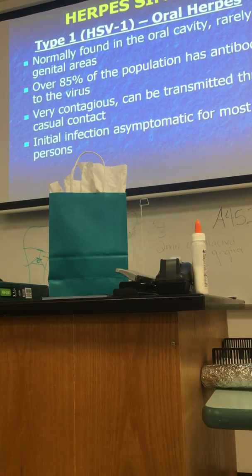A lot of us could have it and never have had an outbreak. This is all HSV1. So just knowing that, you can have a patient that may have the virus but may be asymptomatic, so you have to be careful with your patients, or with them not knowing.